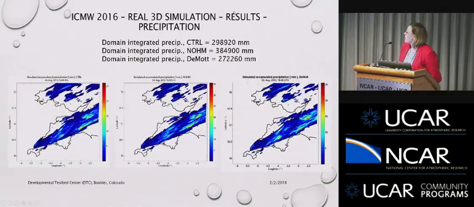If we just check the total domain integrated precipitation, the Demott and the control are really close to each other. And if we compare the two pictures, they are really similar, but the one without Halep-Mossop is also similar in the distribution of the precipitation on the ground, but in this case we have more precipitation.